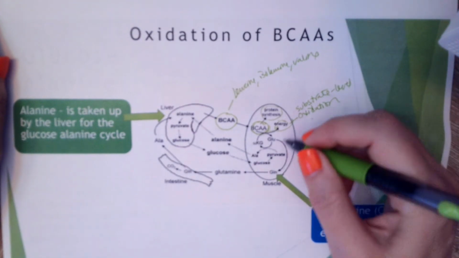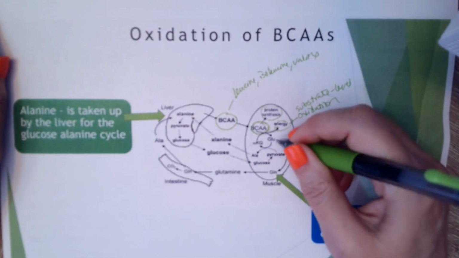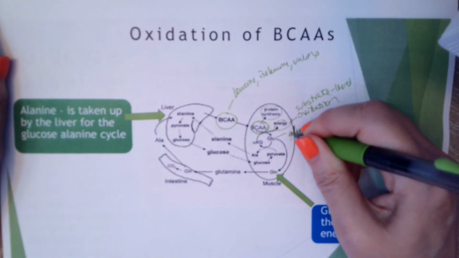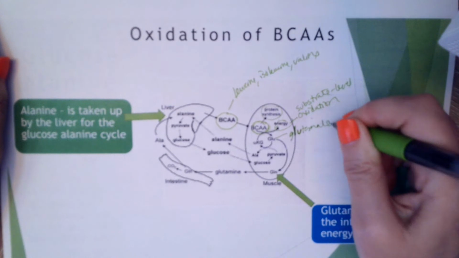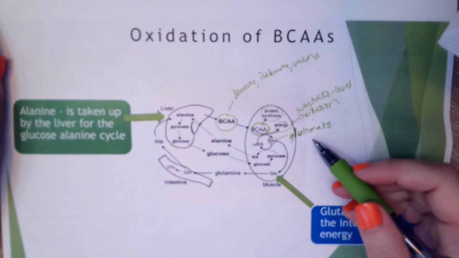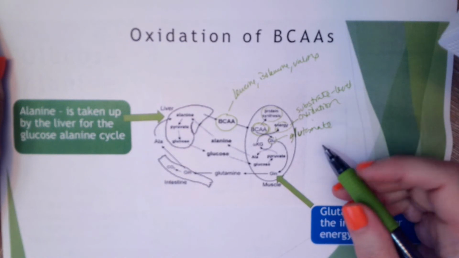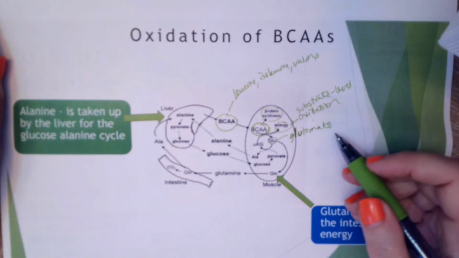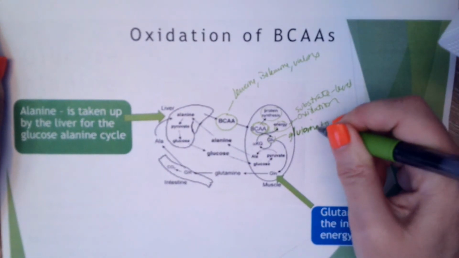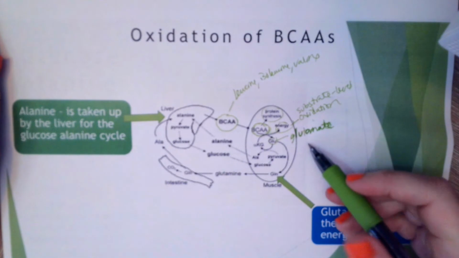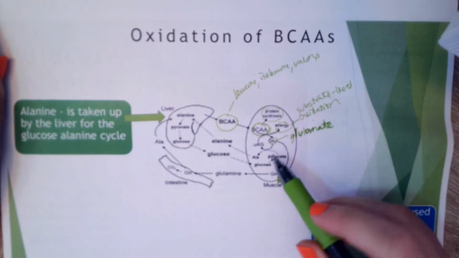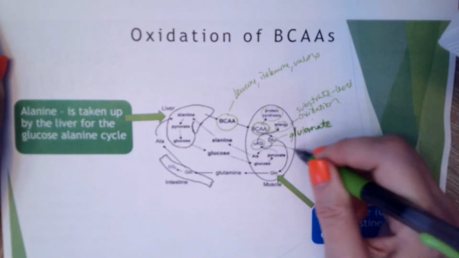Sorry, not glutamine, I'm getting tongue tied, glutamate is GLU. Remember, we've seen glutamate before with aspartate in the malate aspartate cycle. We've seen glutamate in a few different ways, being an intermediary kind of product, and that's essentially what it's going to be doing here. We also see alpha ketoglutarate.